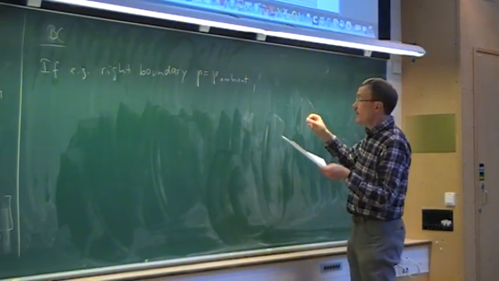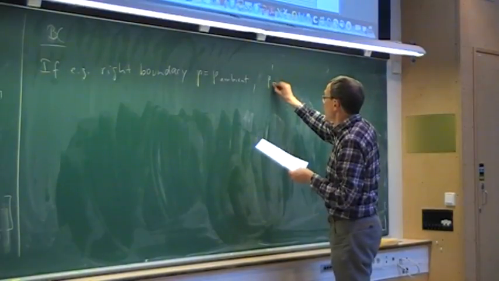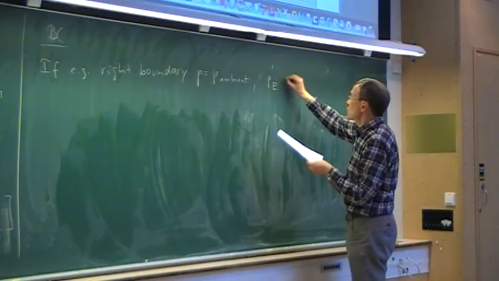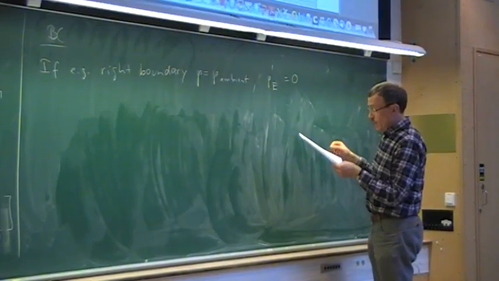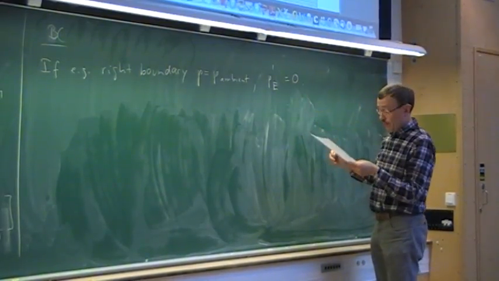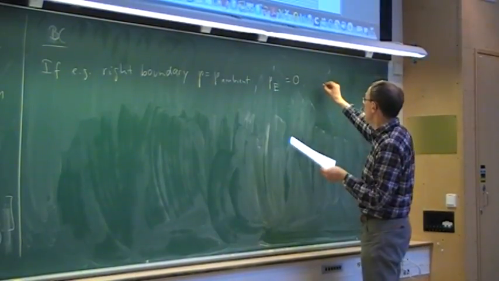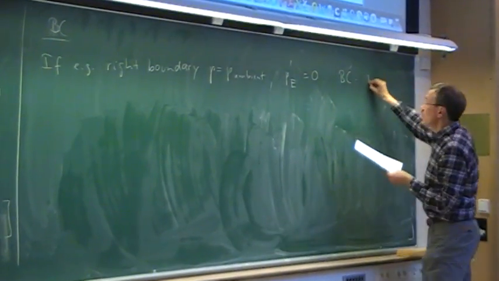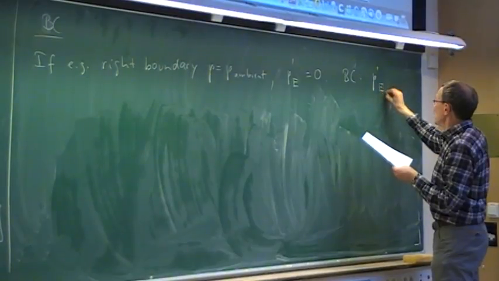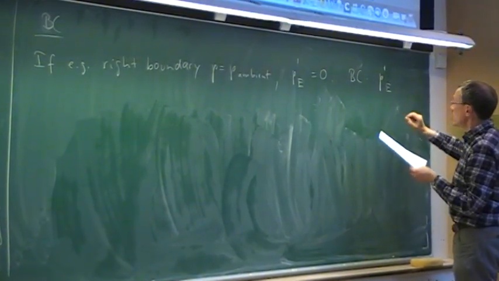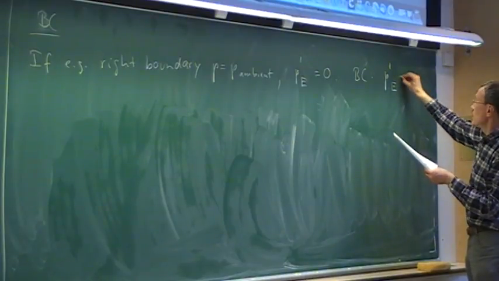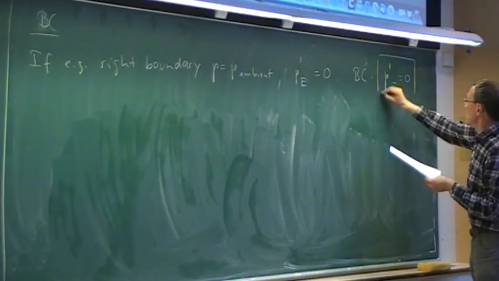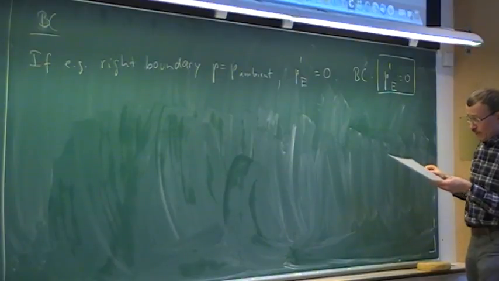But in any case, the P prime at this boundary is assumed to be 0. So we can use this as a boundary condition: P prime at the eastern face, or at the eastern fictitious node, is 0.